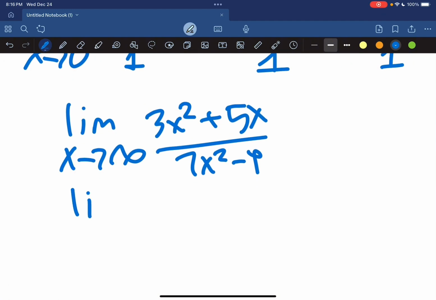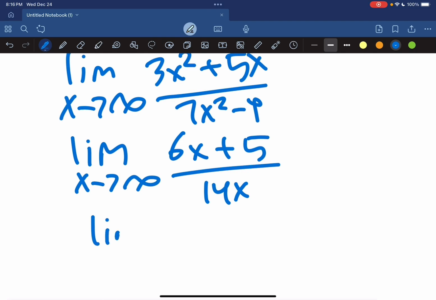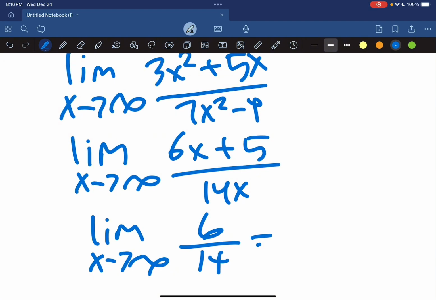So we can say the limit as x approaches infinity of 6x plus 5 over 14x. We can then differentiate one more time, and we get 6 over 14, which is the same as 3 over 7.